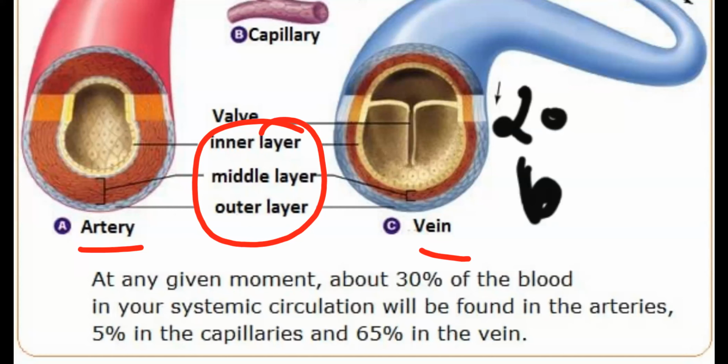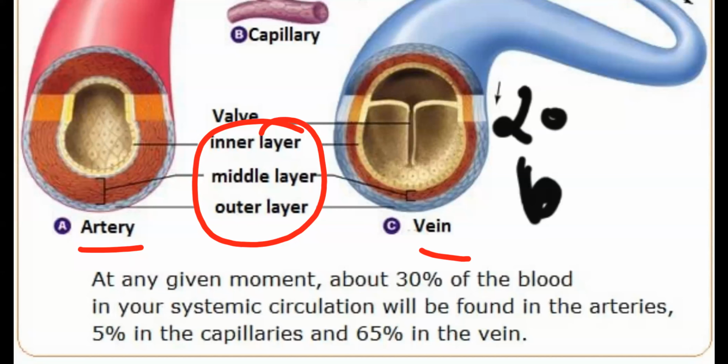Artery. Which layer is thicker? Middle layer, the smooth muscle layer. Do you know why? Why should the arterial middle layer be thicker? High pressure. Zanil is correct.